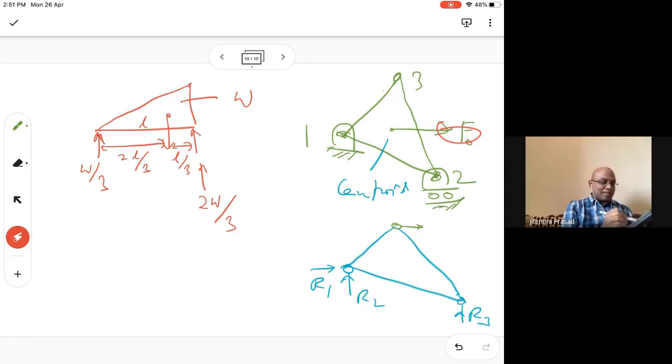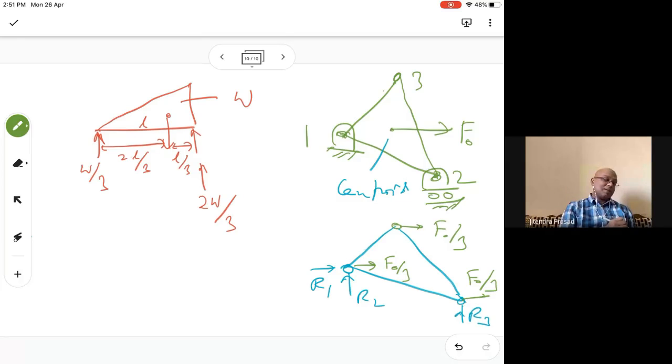Here it is in x direction, so this will also be x direction. So we have F0 over 3 at each node.